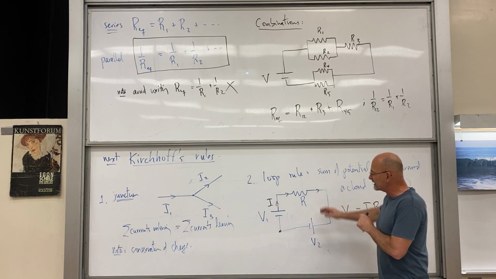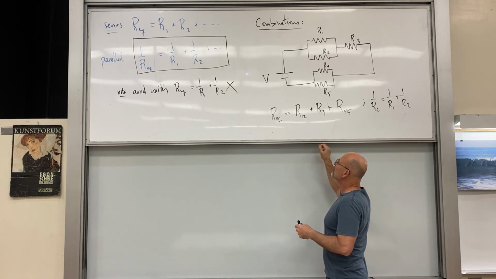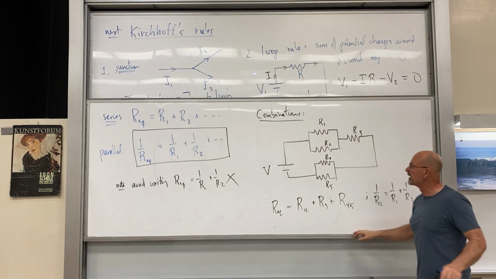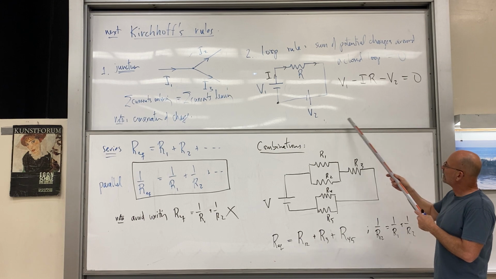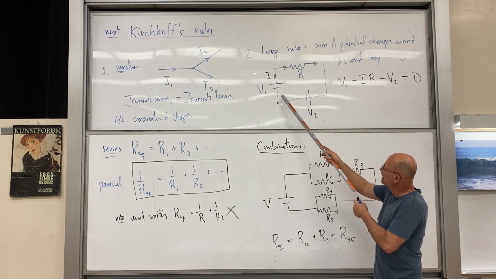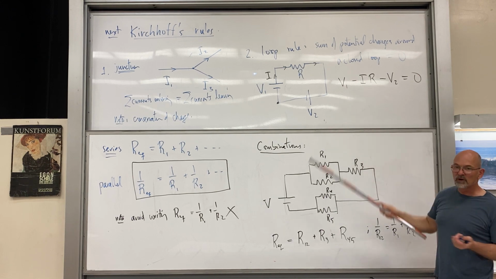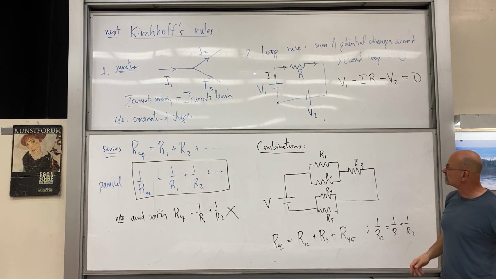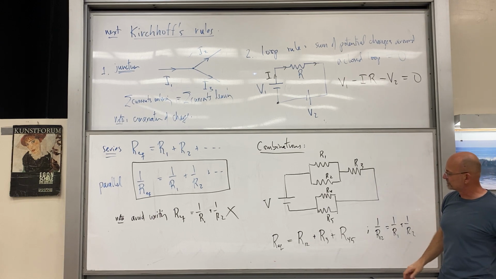We don't need them for these simple circuits, although with opposing batteries it's actually pretty good. For example, if the batteries are opposing here, and they had equal voltage on each one, then no current would flow at all. Right, we'd have V1 minus V2 equals 0, so the current would be 0.